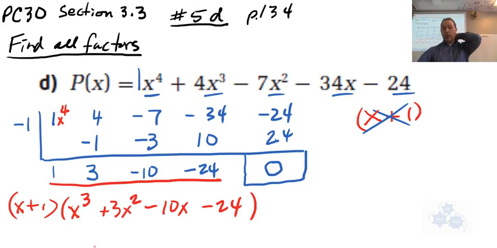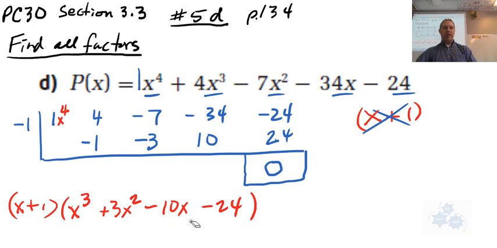All right, now you can work underneath here. I'm going to try and keep this all on one screen. So now we have to work on this polynomial right here. We're going to try to pick another factor and then do the synthetic division. Okay?